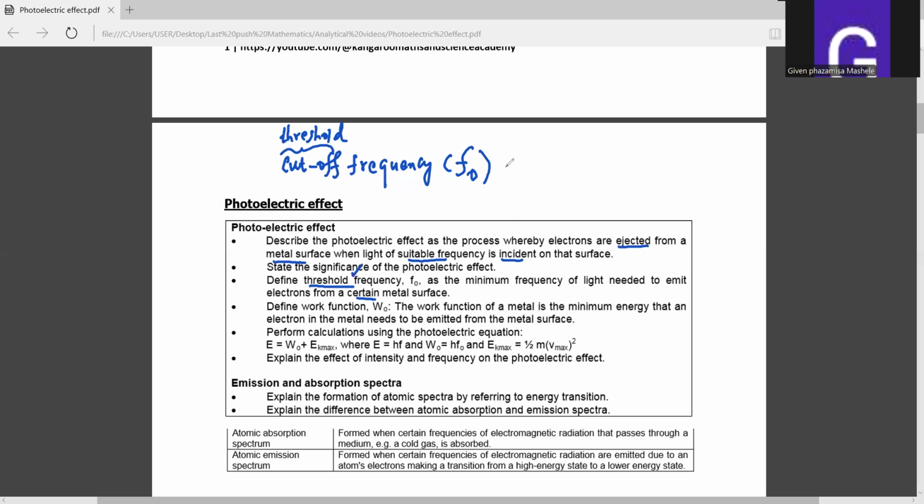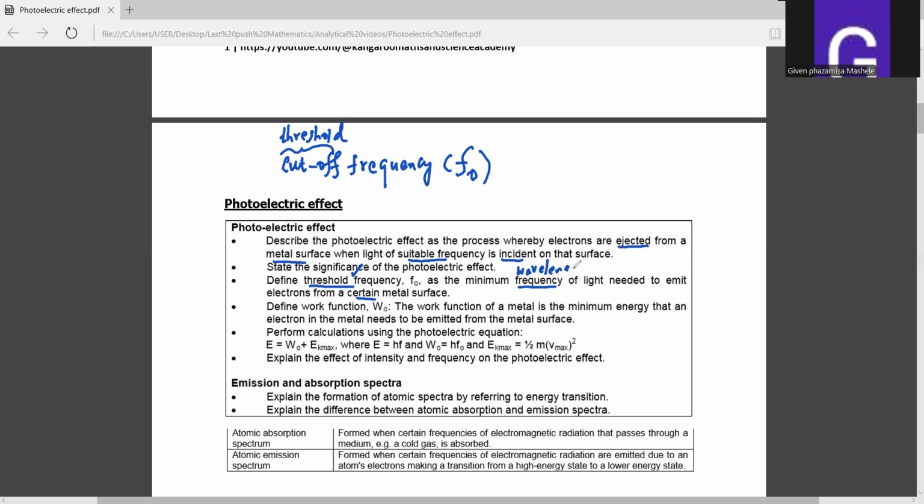We also have the cutoff wavelength or the threshold wavelength, so you need to be able to differentiate that. The cutoff wavelength is the minimum wavelength of light that is needed to emit electrons from the metal surface. The only difference is that when we're talking about cutoff wavelength, we use the word wavelength instead of frequency.